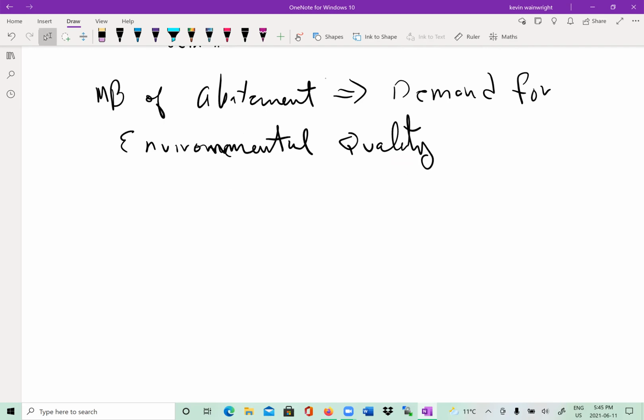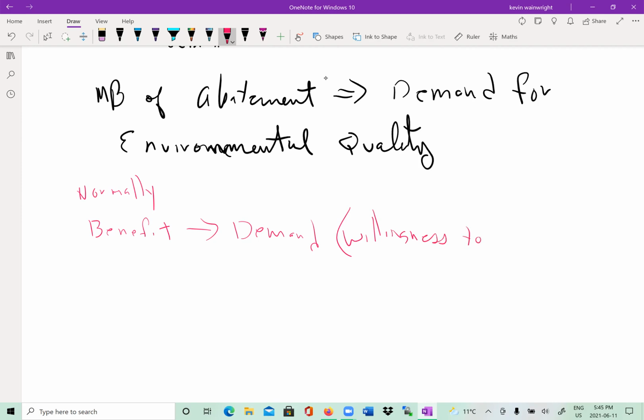And one of the challenges is that normally, right, the benefit of a good is what gives us our demand. And it can also be viewed as willingness to pay.